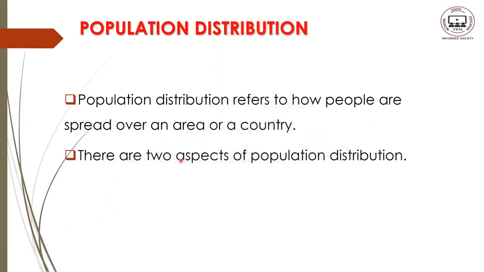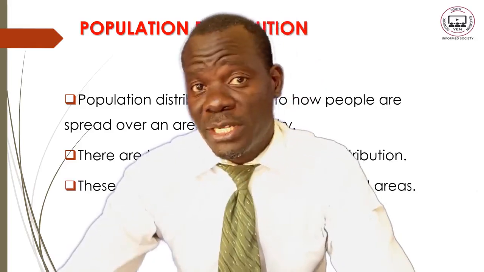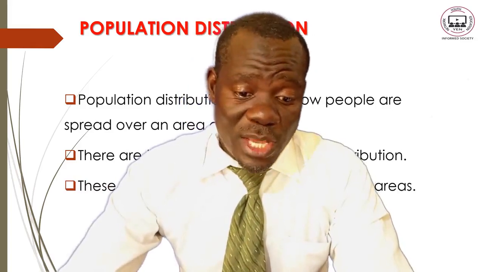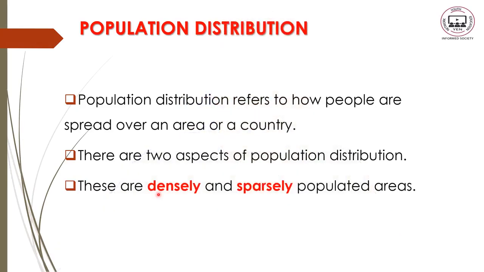So there are two aspects of population distribution. What are these? As we have already pointed out, number one is a densely or sparsely populated area.